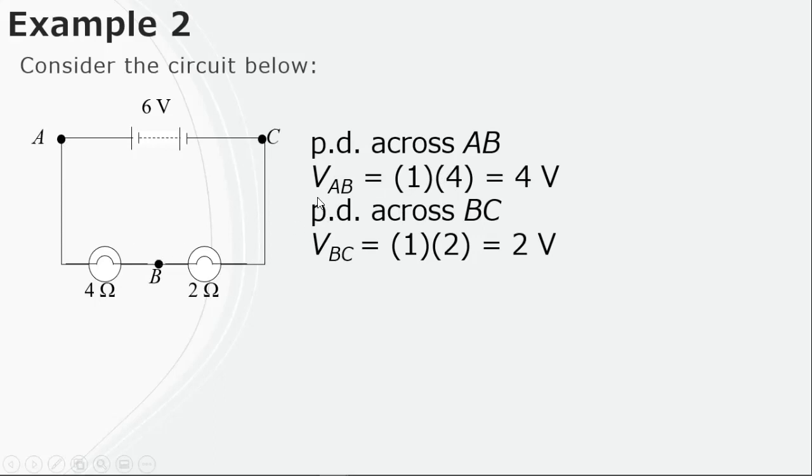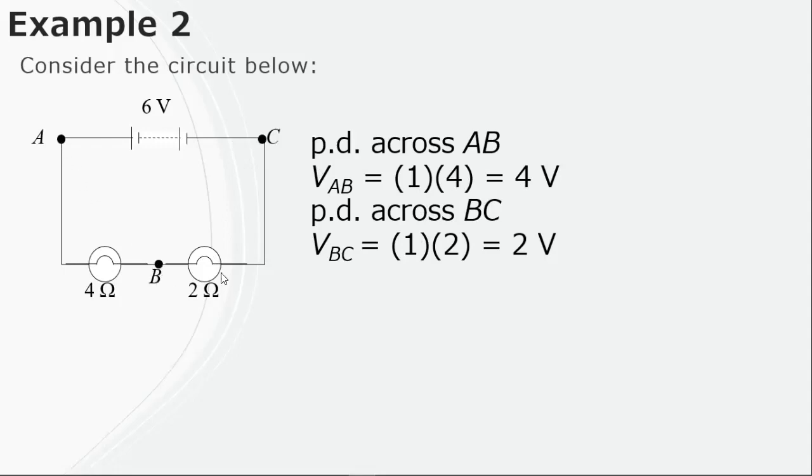In this case, the potential difference across A and B: here we have 1 ampere of current flowing in the circuit, and then we have 4 ohms of resistance from this load that gives us 4 volts of potential difference between A and B.